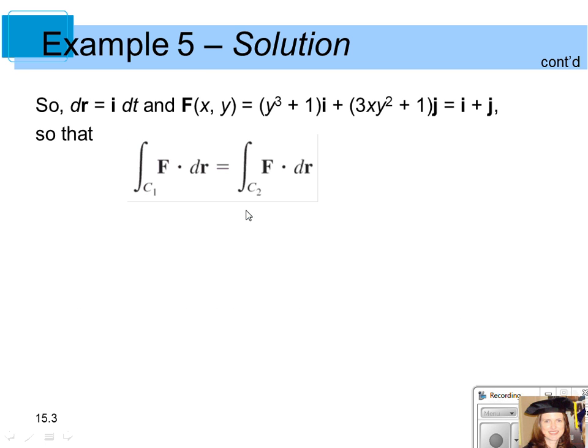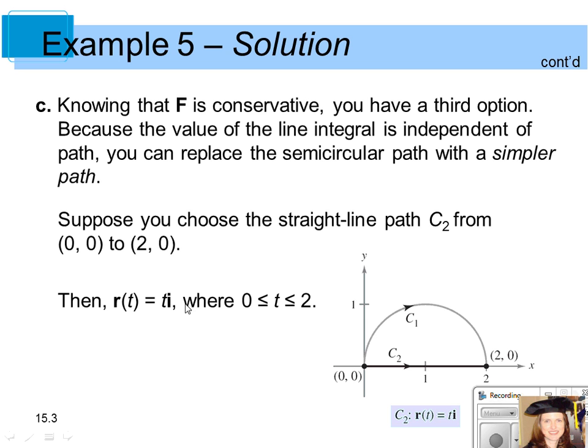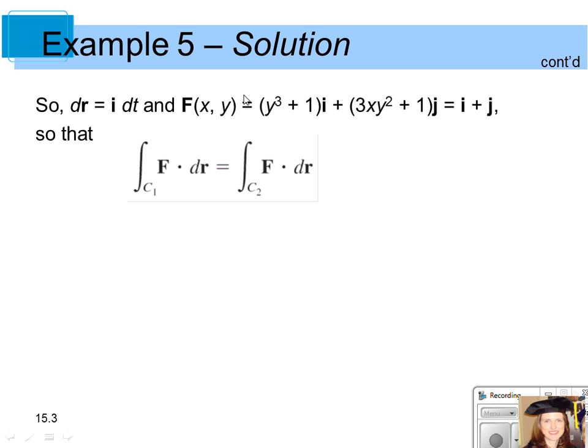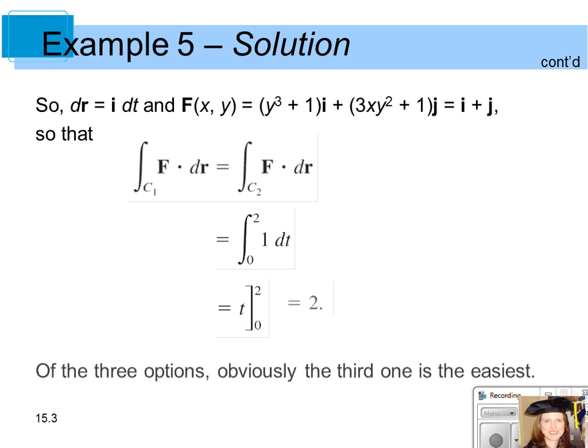You want to take the derivative of that, which would just be 1i, and you would replace the x and y in the vector field with the original x in your parametrization. And this ends up simplifying to the definite integral from 0 to 2 of 1 dt. And when you evaluate it, you get 2.